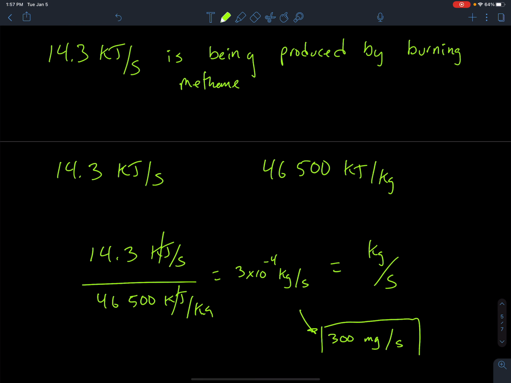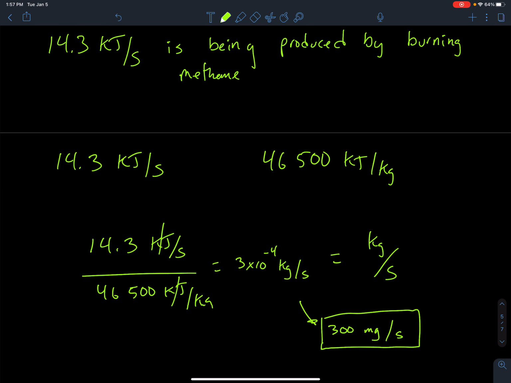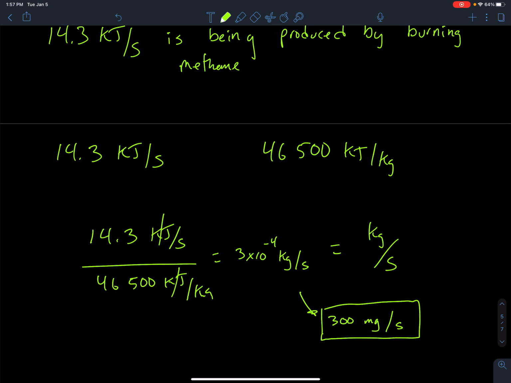That would be a very small heater, such as your stove. Your stove that you're using for cooking is probably burning around 300 milligrams of methane per second if you have it on full blast. That's how you can calculate how long a tank of gas is going to last. The tank is probably about 25 kilograms, so you can calculate how long you can use that tank of gas to cook on your stove.